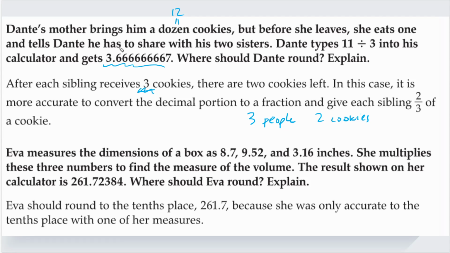So each person gets the 3, and then there's 2 cookies left. Well, these last 2 cookies, you could divide them into a fraction, 2/3 of a cookie. That would be the most accurate way to go. Of course, how are you going to actually measure 2/3 of a cookie?